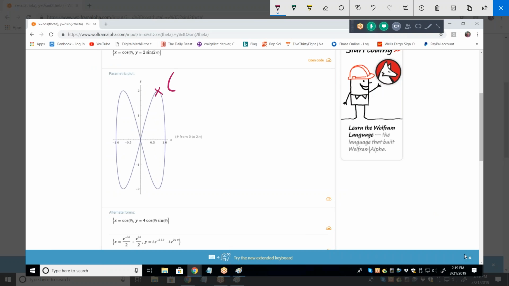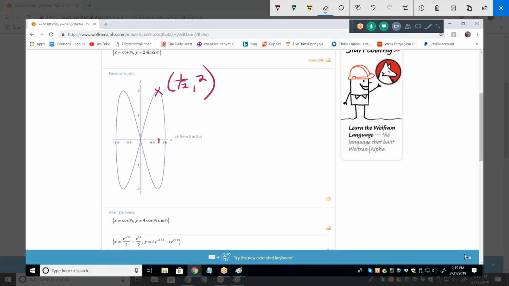That is 1 over root 2, root 2 over 2. 1 over root 2 is actually a little harder to figure out than root 2 over 2, which is 0.7. There's your 0.7, and the y coordinate, there's your 0.7. So we found 1 point based on a t of pi over 4.